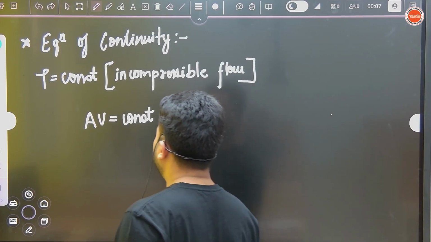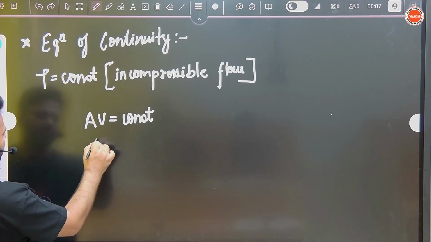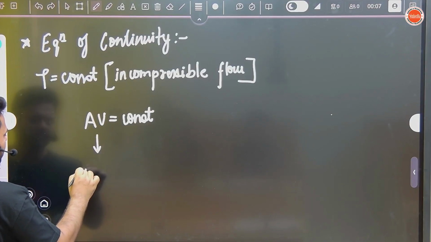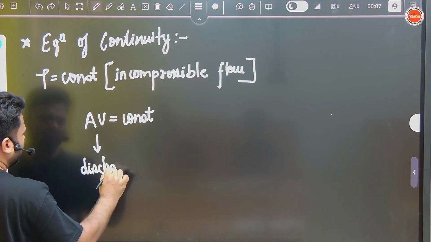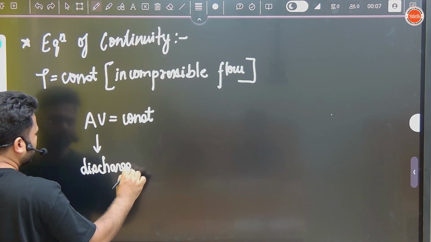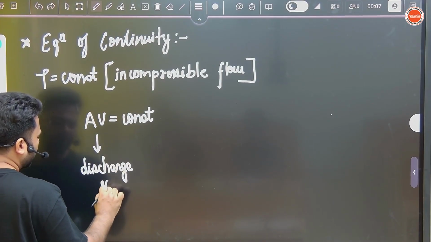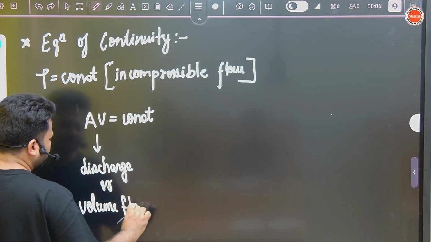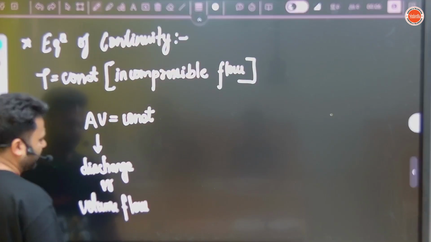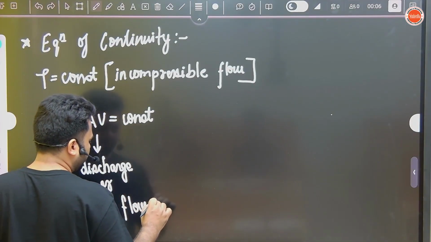Area into velocity we call by a term called discharge. This is also called volume flow rate. Volume flow rate means how much volume of liquid or fluid is flowing per unit time.